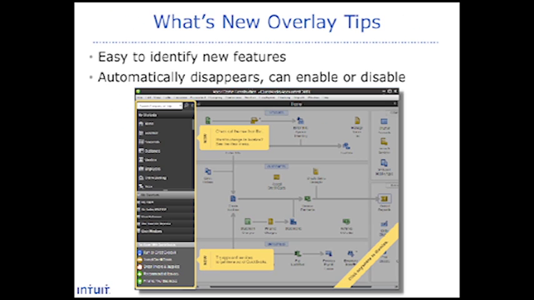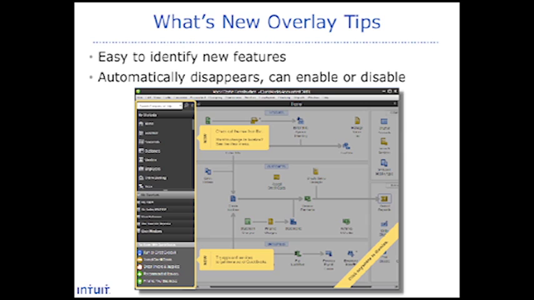You will notice if you've installed QuickBooks 2013 that the interface is a little bit different. What we're looking at here is something that's new called overlay tips. So when you start a new file, you're going to see these overlay tips, and it comes up when you open an area that has a new feature. And the good thing is you can click anywhere to dismiss it, and once you use that feature, it's going to disappear.